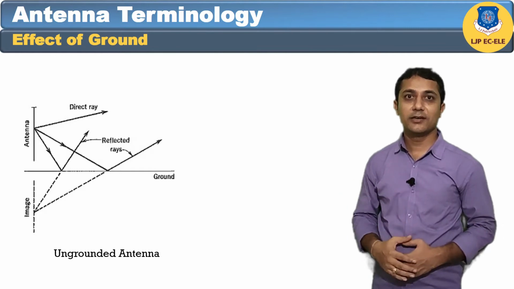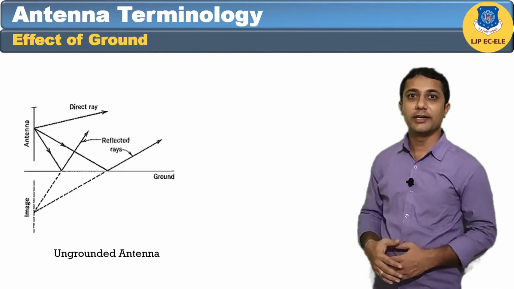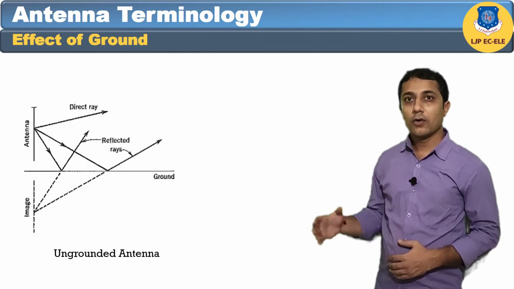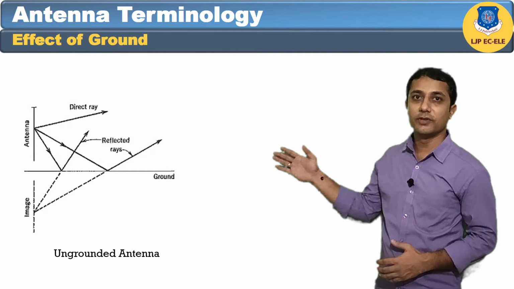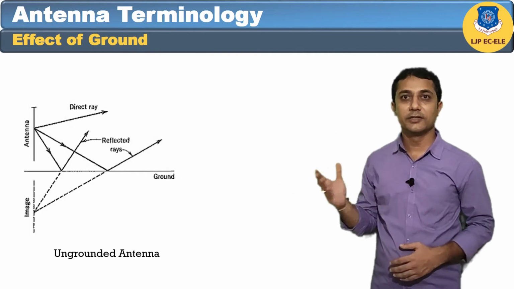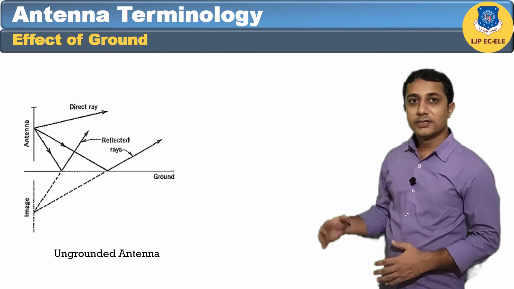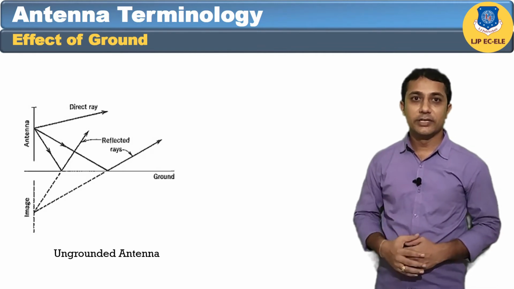The voltage and current distribution on such a grounded λ/4 antenna, commonly called a Marconi antenna, are the same as those of the half wave dipole in space. Now, this is all about the ungrounded antenna.